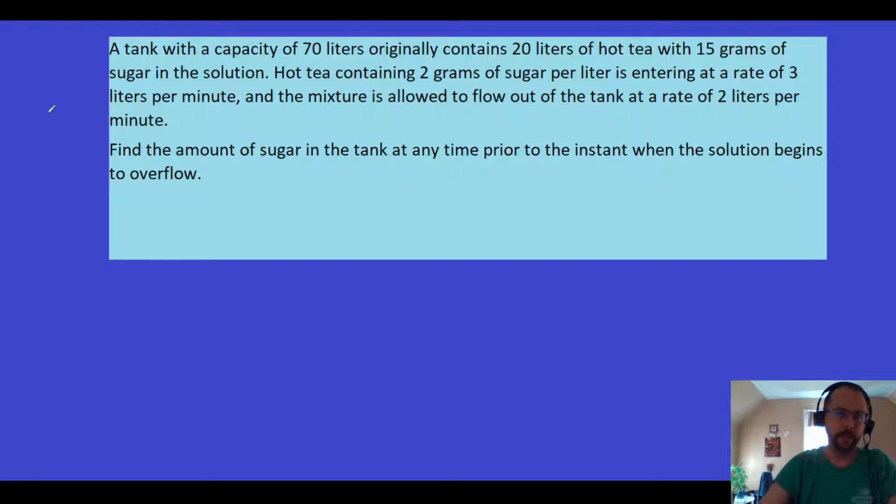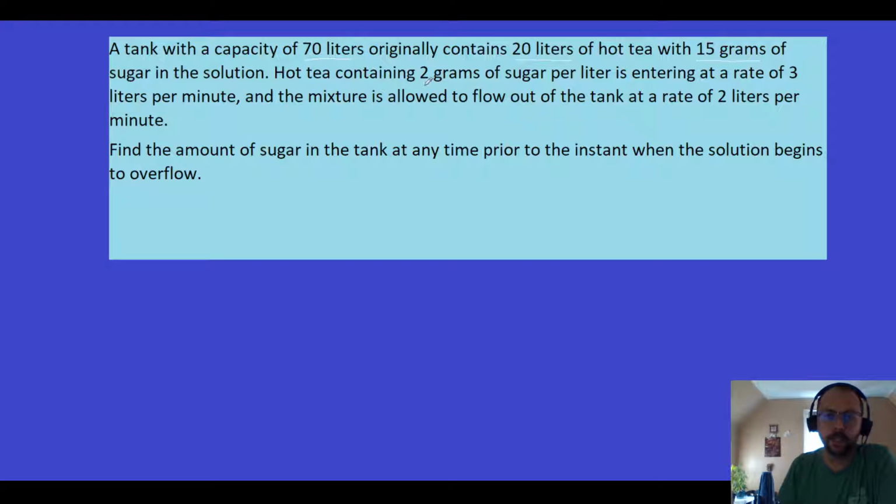Yeah. So what we have here is this tank. It has a max capacity of 70 liters. It initially contains 20 liters of hot tea, and there are 15 grams worth of sugar in that tea.